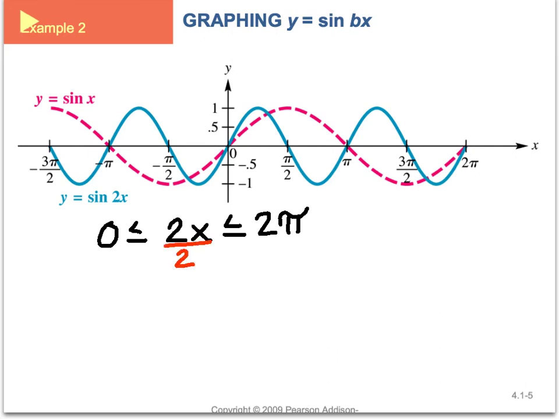So now we just need to solve for x here. So we have 0 divided by 2 is 0. 2x divided by 2 is just x. And then 2 pi divided by 2 is pi. So you can see that our new period is from 0 to pi. So that's how we get the period based on what the coefficient of the x is going to be.